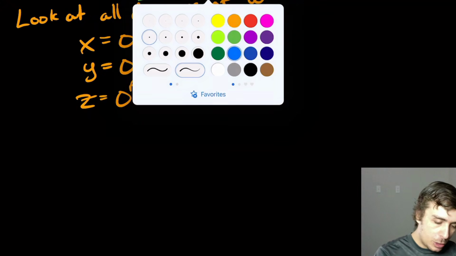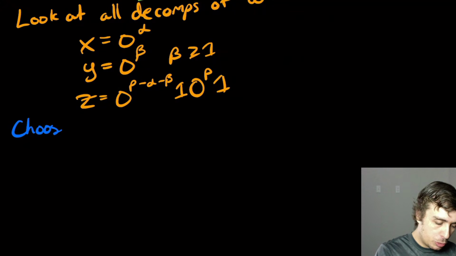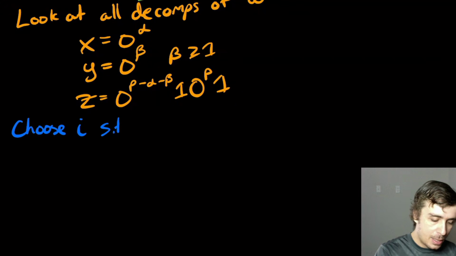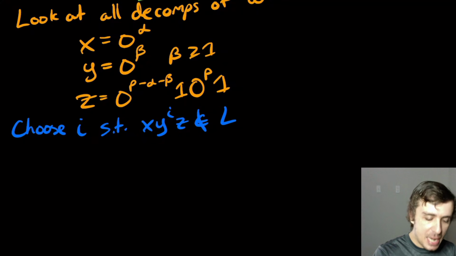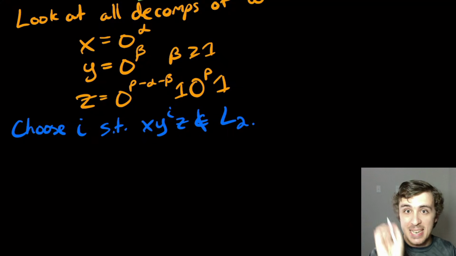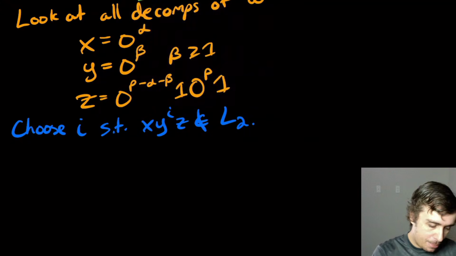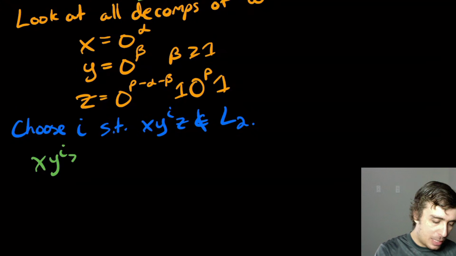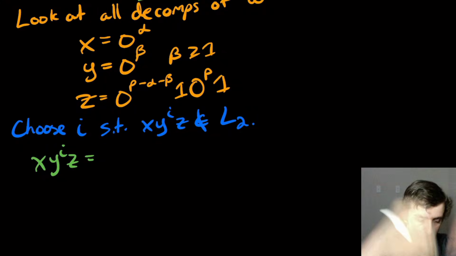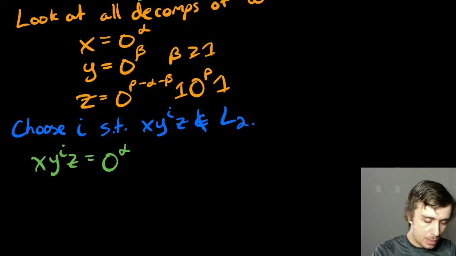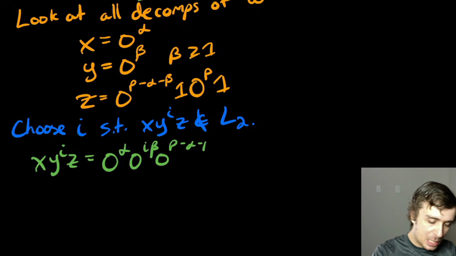So what we want to do is choose some value i such that x y to the i z is not in L2. Let's look at it. What is the string x y to the i z? We'll just paste all the things down: 0 to the alpha, 0 to the i beta, 0 to the p minus alpha minus beta.